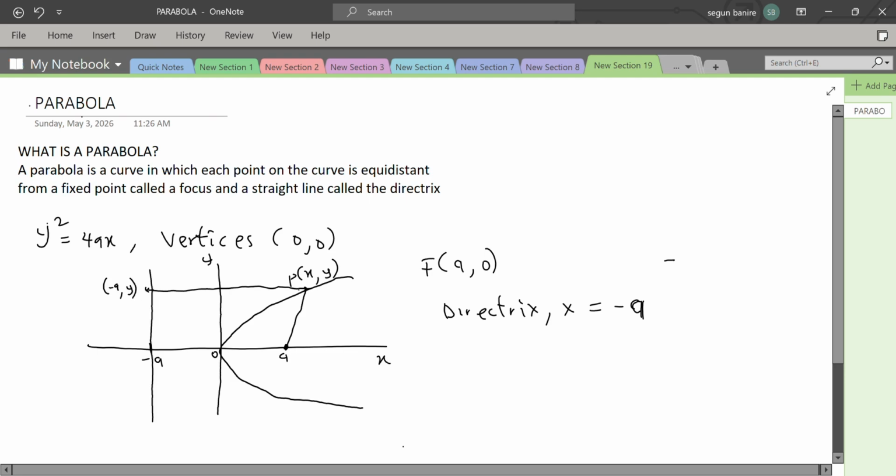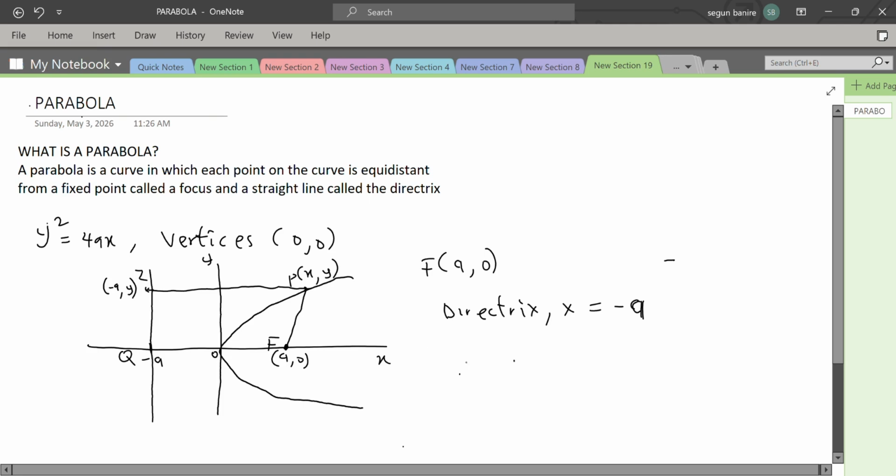So it is just on this straight line. Here the coordinate is a, 0. Let me label this part as Q and here is F.